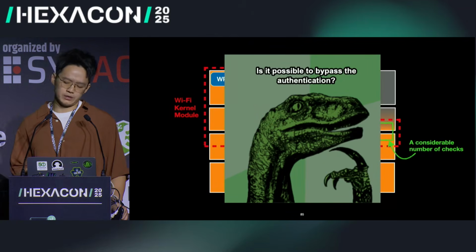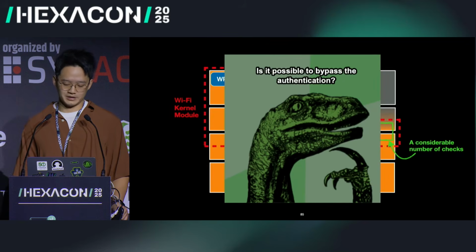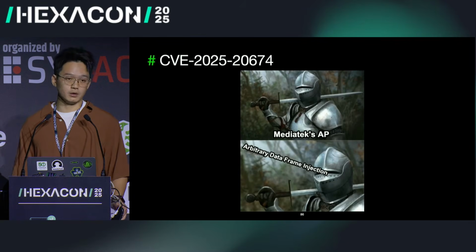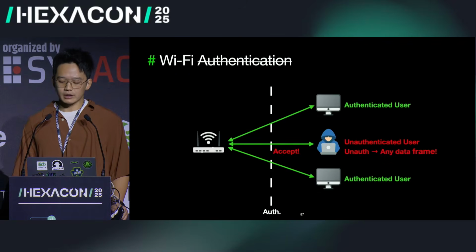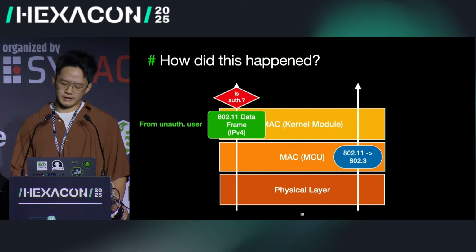It would be great if I could access the AP's network without a Wi-Fi password. And of course, I can. In the MediaTek AP, when receiving data frames, there is a missing check, allowing an attacker to inject arbitrary data frames without being authenticated. The Wi-Fi authentication is still there, but the AP will accept any data frames, whether you are authenticated or not. So how does it happen?